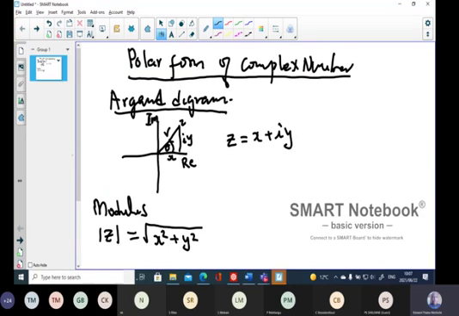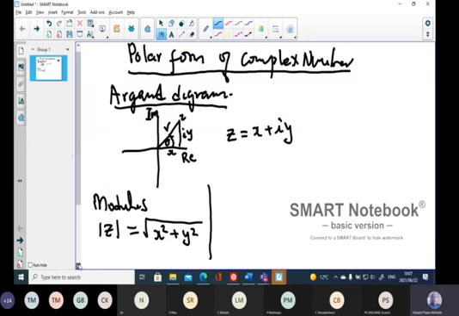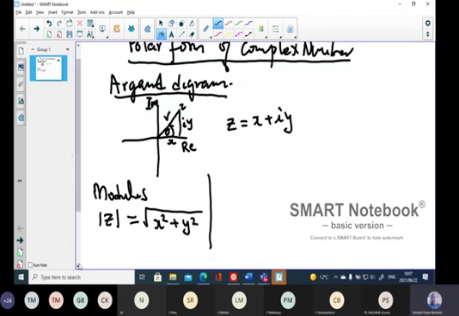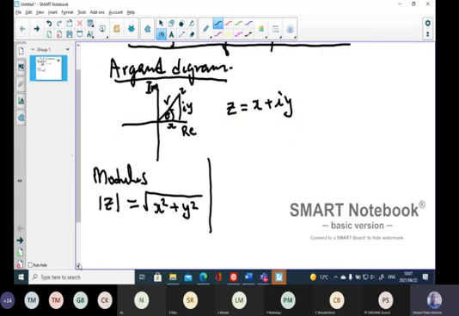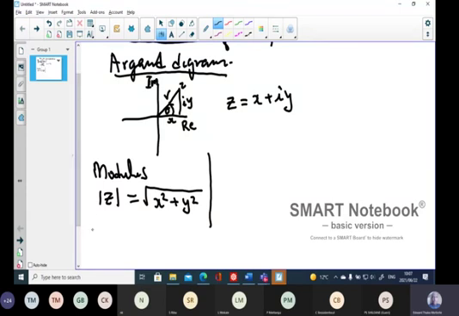And once you have the modulus, you must be expecting an angle theta. Here we call it an argument or angle theta, the argument of Z.